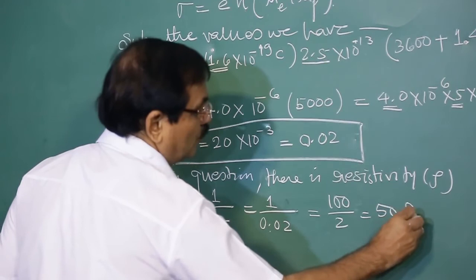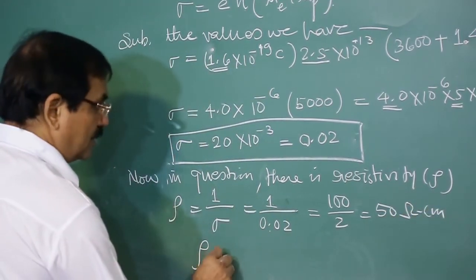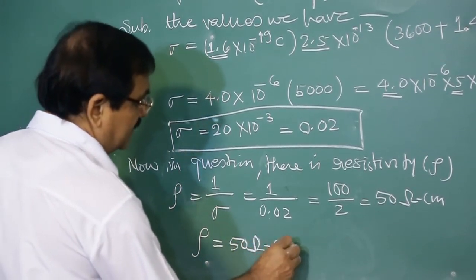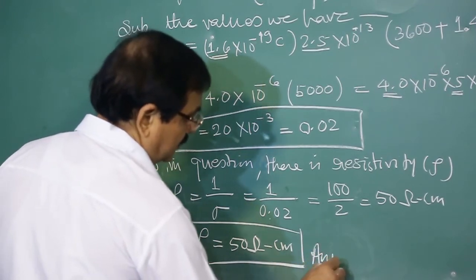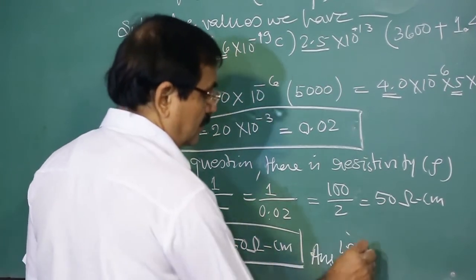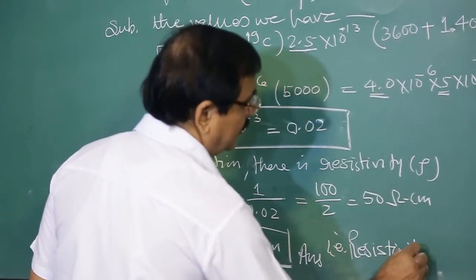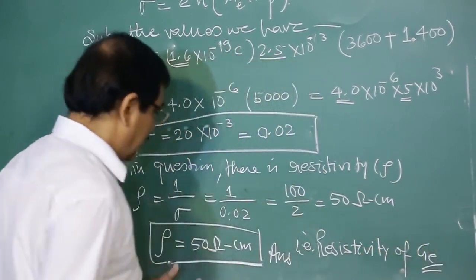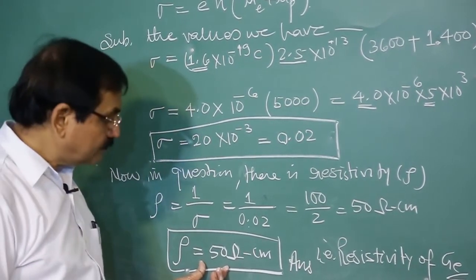This is 50 ohm centimeter. So, 50 ohm centimeter is the answer, the resistivity of germanium, and that is why it is a semiconductor material.